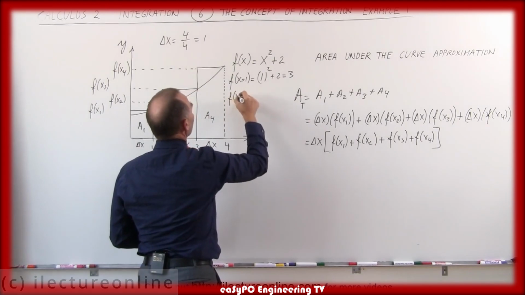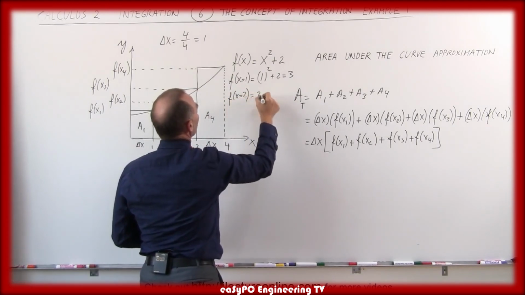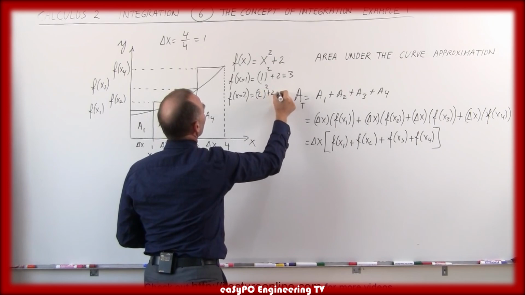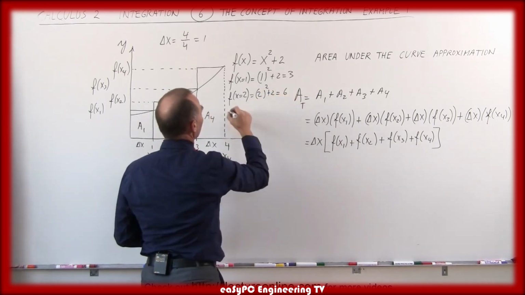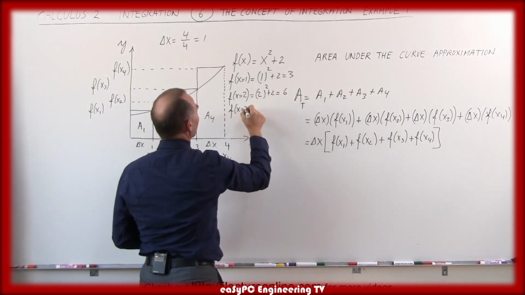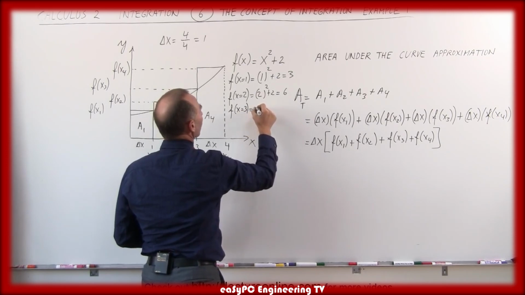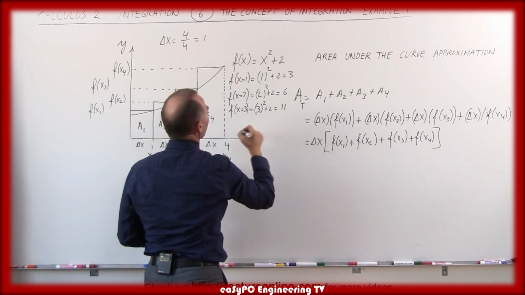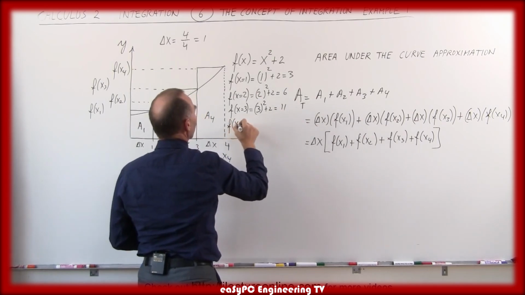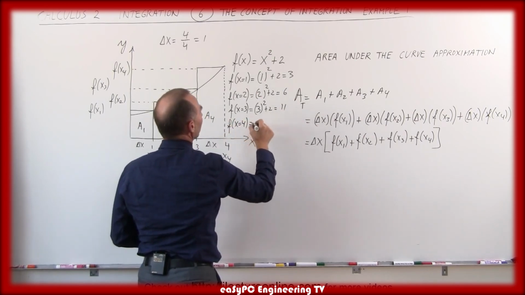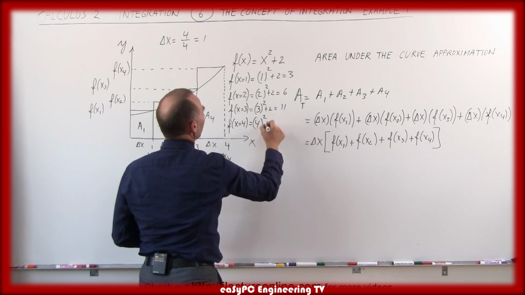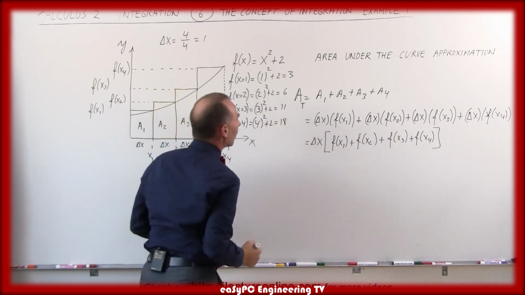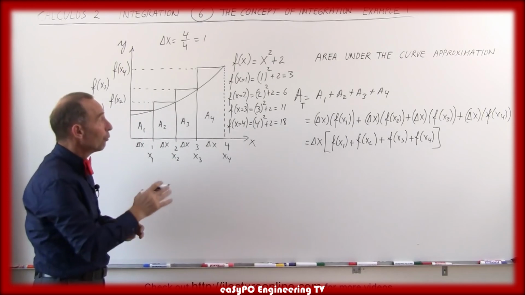The function evaluated at x equals 2 is 2 squared plus 2, which is equal to 6. The function evaluated at x equals 3 is 3 squared plus 2, which is equal to 11. And finally, the function evaluated at x equals 4 is 4 squared plus 2, which is equal to 18. Those would be the heights of the 4 rectangles.